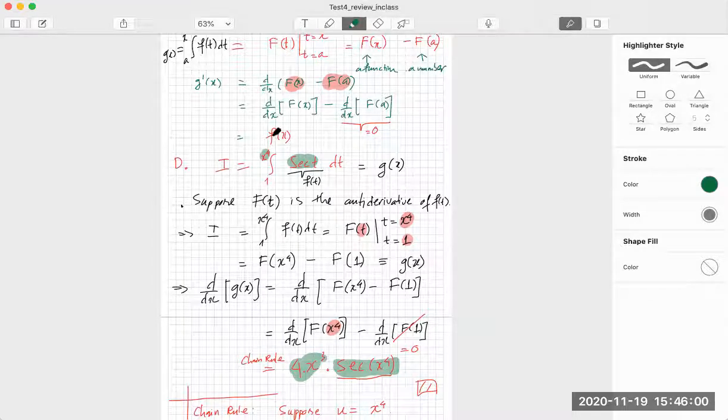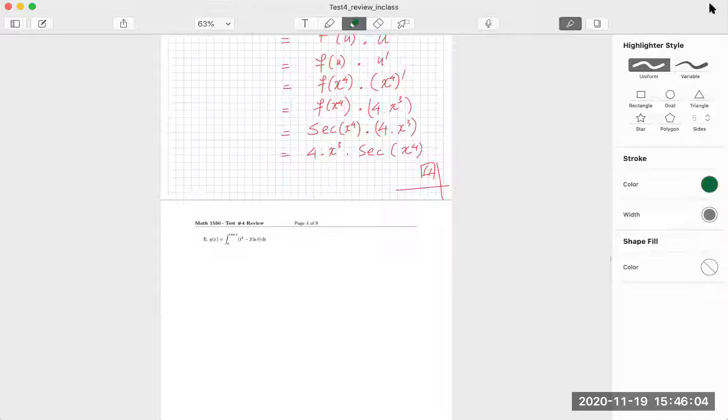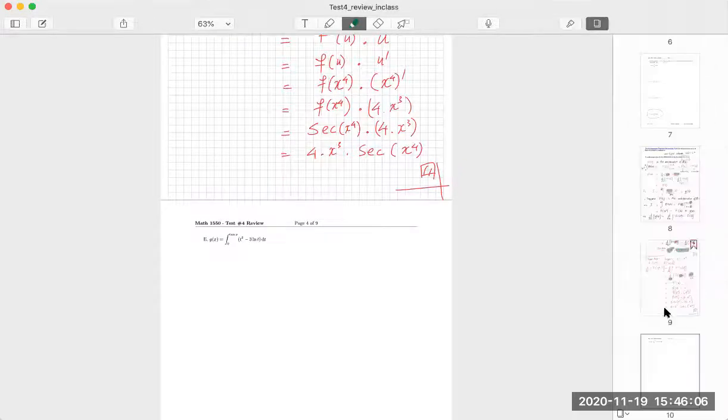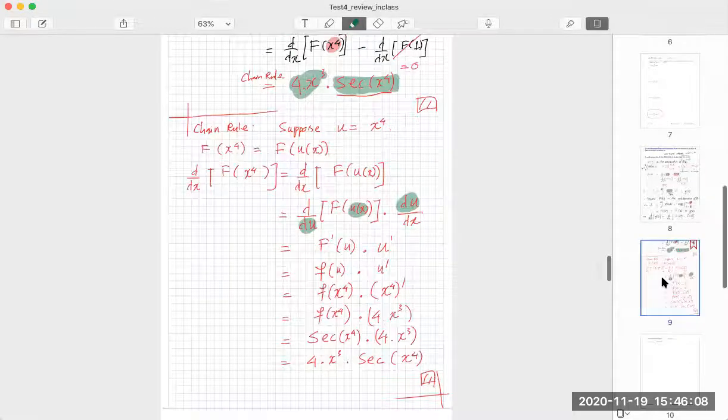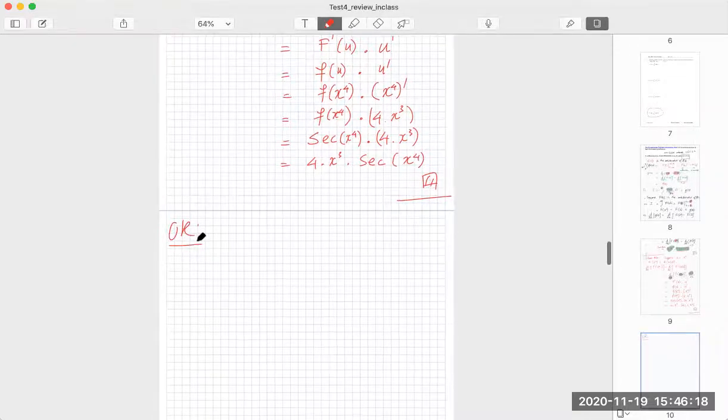Or let me write it shorter. We understand it already, so now let us do it faster this way, or another way to write the answer.